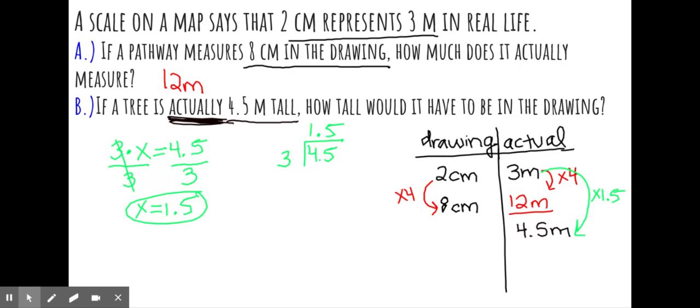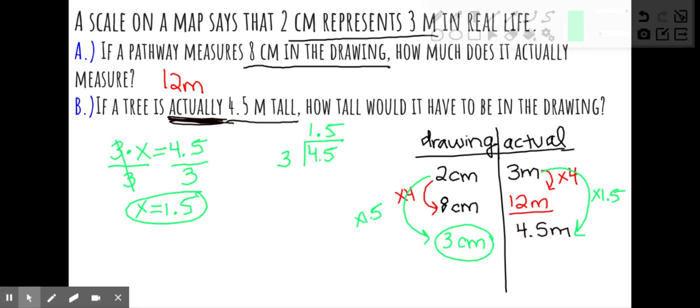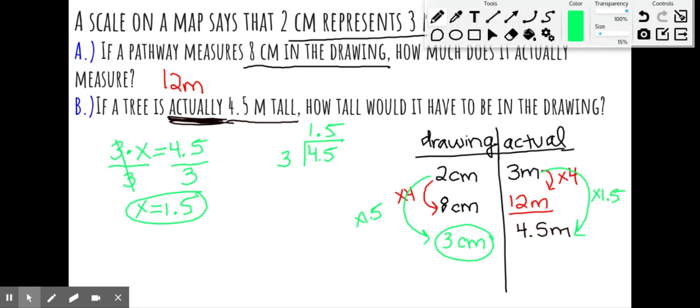So we are making that actual distance 1.5 times larger. So we have to make that drawing distance also 1.5 times larger. So now we do 2 times 1.5, which is like 1.5 plus 1.5, which gives us 3. And then we cannot forget our units, centimeters. The drawing uses centimeters.